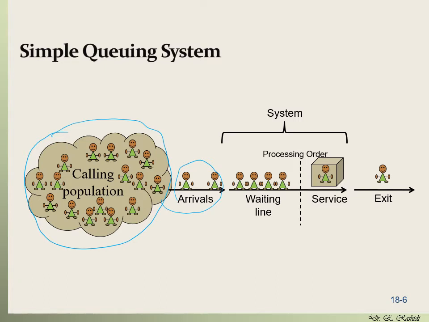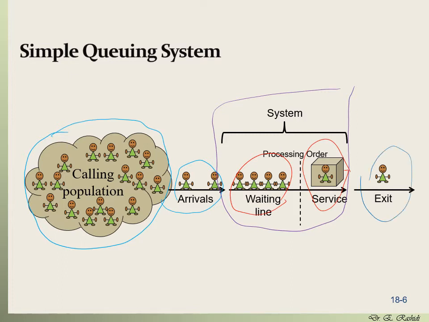And here we have our system. So our system includes those people who are waiting in lines and those people who are getting the service. And then after they are done, they exit the system. Most of those in the system are waiting, and depending on the number of service levels or the number of channels, there are people who are getting served.